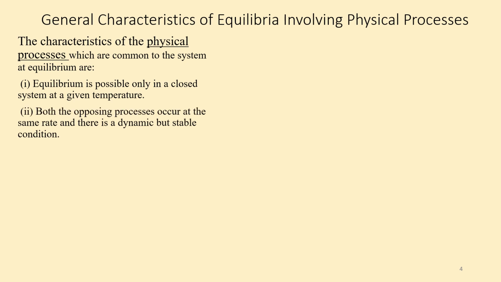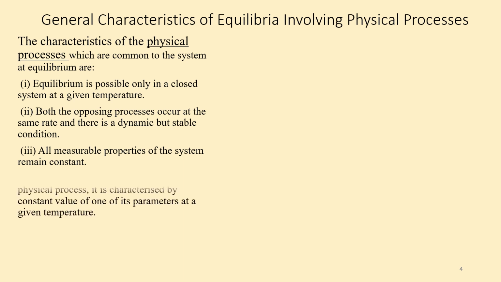Both the opposing processes occur at the same rate and there is a dynamic but stable condition. So here the rate is equal for opposing processes. All measurable properties of the system remain constant.